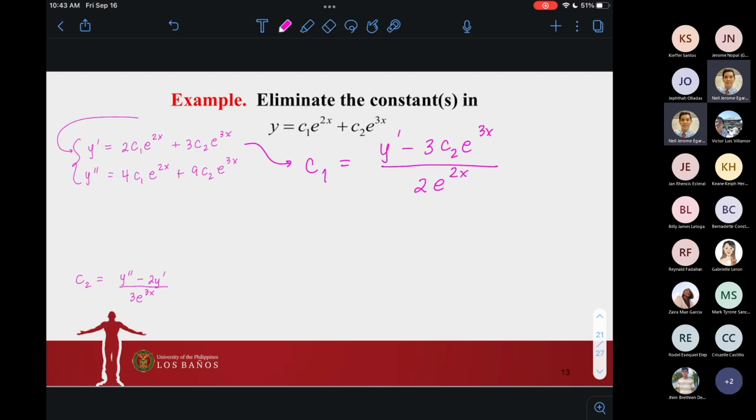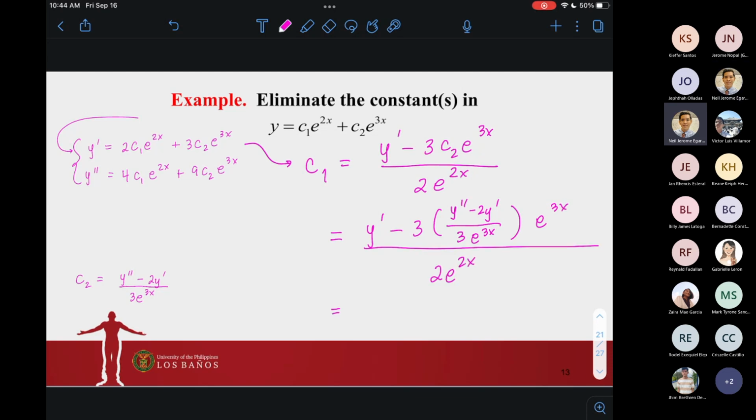I know C2 now, so I can replace C2 by the expression that we got earlier. This is minus 3 times y double prime minus 2y prime all over 3 e to the 3x, times e to the 3x, all over 2e to the 2x. All right? And then we simplify. The e to the 3x here will be canceled by the e to the 3x here. The 3 here will be canceled by the 3 below, so it is much easier.